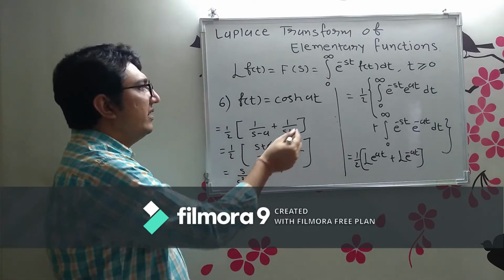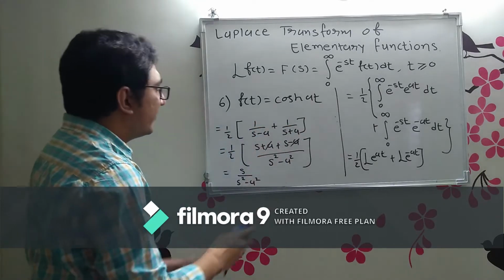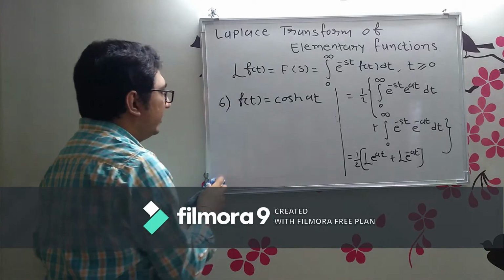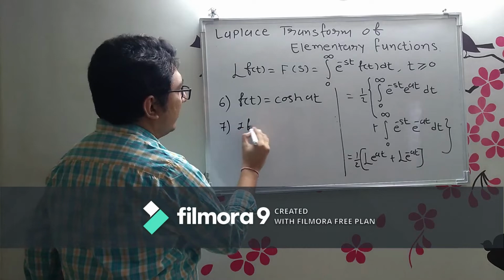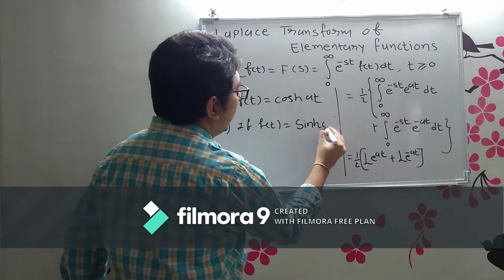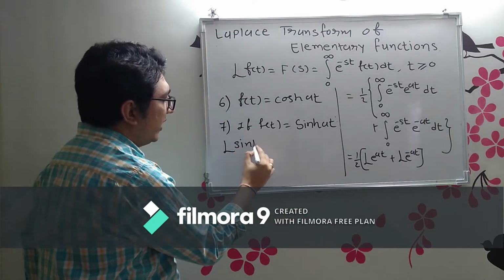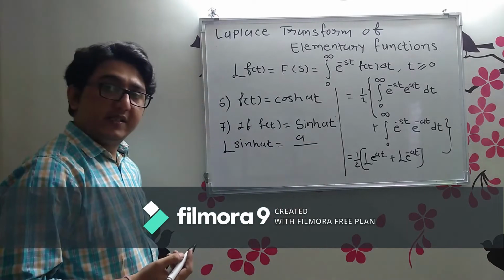The procedure for sine hyperbolic is quite simple. You just have to implement the formula of the sine hyperbolic function which I have given you. So I am not giving the proof of that form; I am giving the answer directly. If f of t is equal to sine hyperbolic at, then Laplace of sine hyperbolic at is a upon, can you predict the answer?